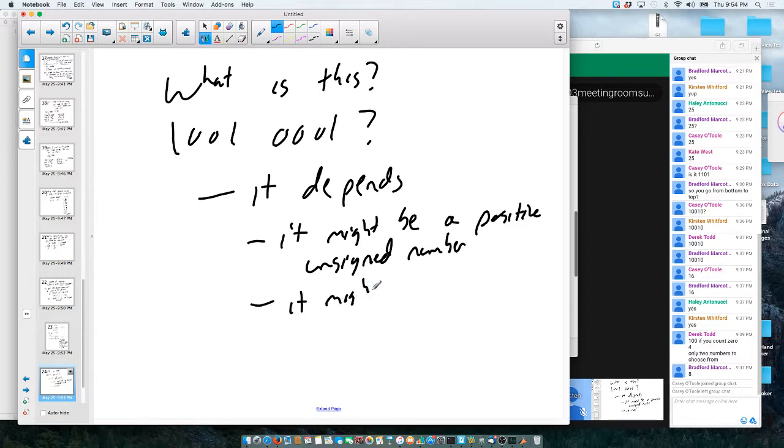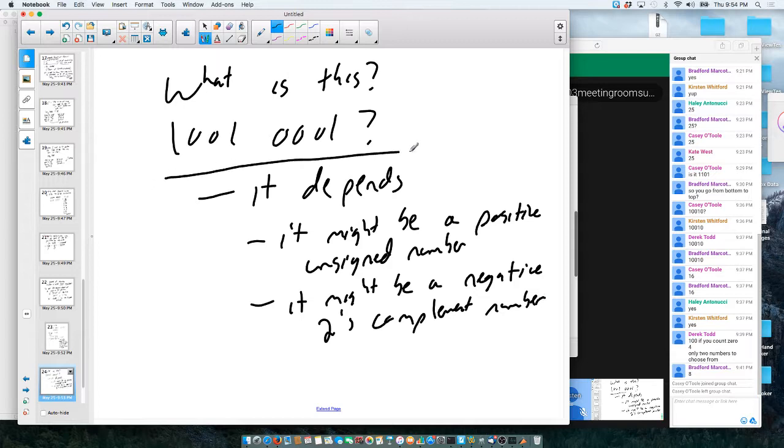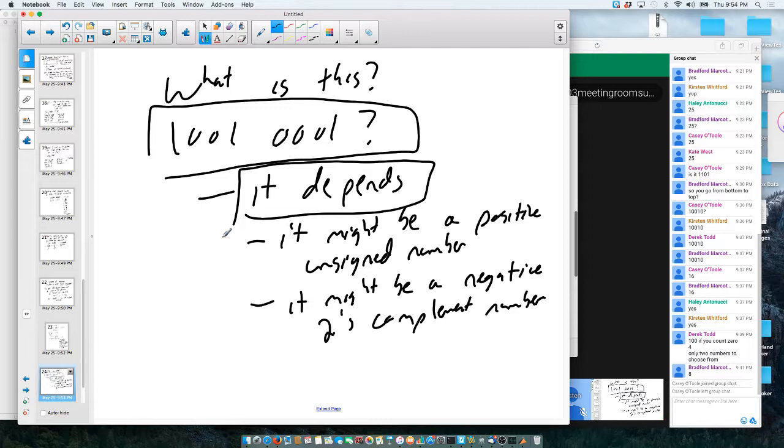It might be a negative 2's complement number. It depends on the rule. So I'm never going to ask you this and expect an answer that's not this unless I give you a specific way to interpret it. So I won't say what's this. I'll say what's this if I interpret these bits as unsigned. What's this if I interpret these bits as 2's complement? That kind of thing. Okay.